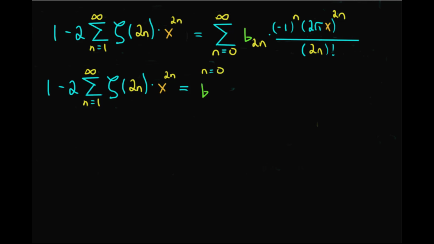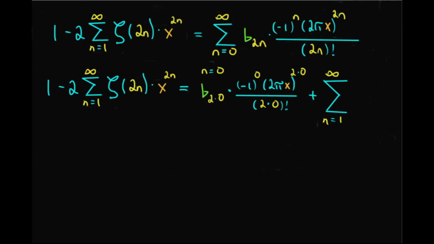So the right-hand side of this equation becomes, starting with the n equals 0 case, b sub 2 times 0 times negative 1 to the 0 times 2 pi x to the 2 times 0 all over 2 times 0 factorial. And then I'll have the rest of the sum.